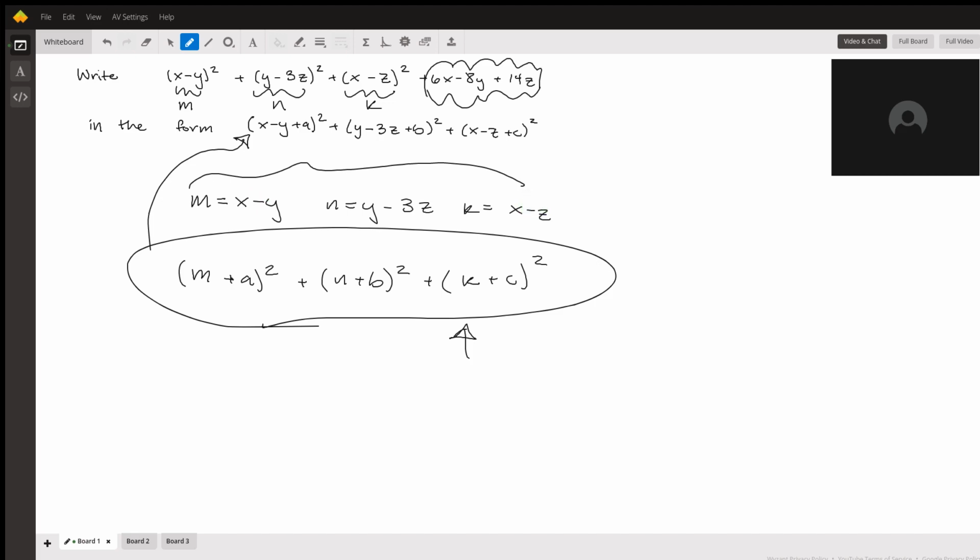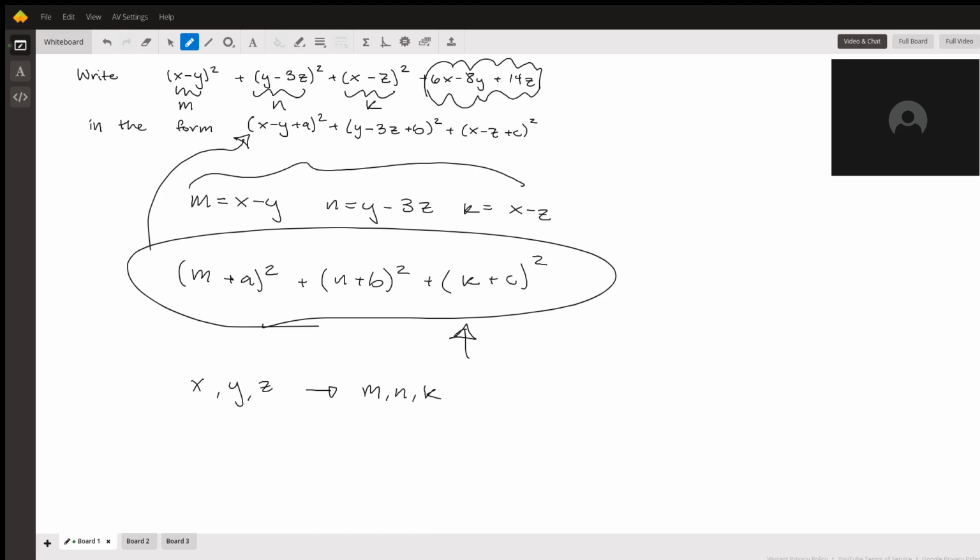And at first, I'm thinking, well, how could we do that? The answer I landed on was, well, right now everything is written in this basis of x, y, and z. It's written in terms of those three variables. If we want it written in terms of m, n, and k, we can just perform a change of basis.